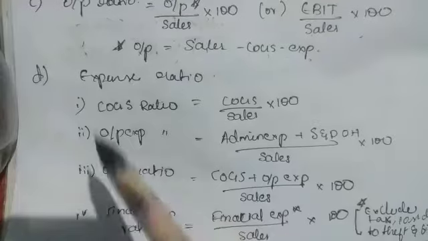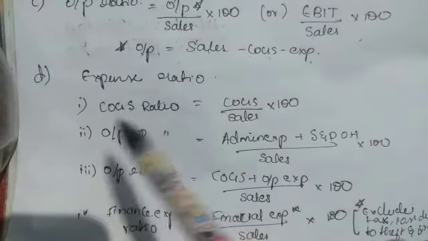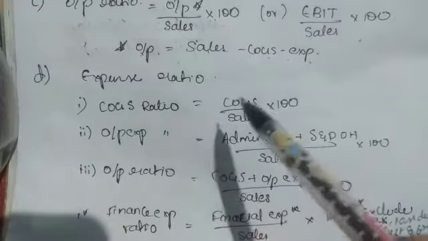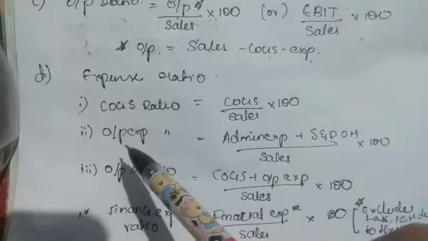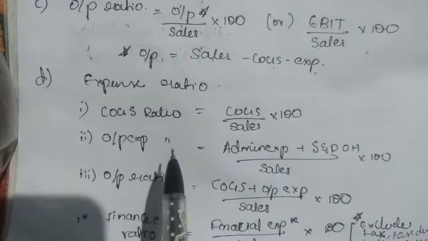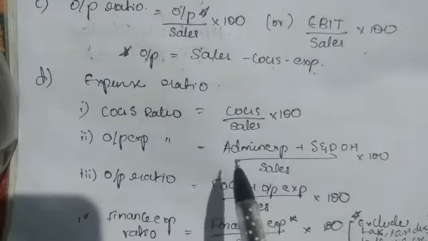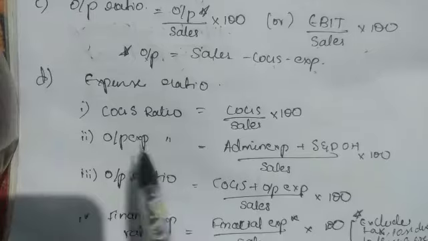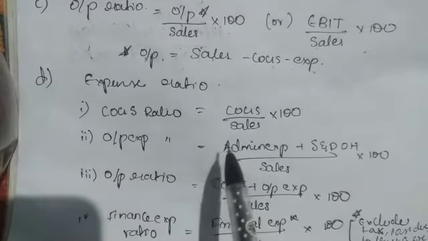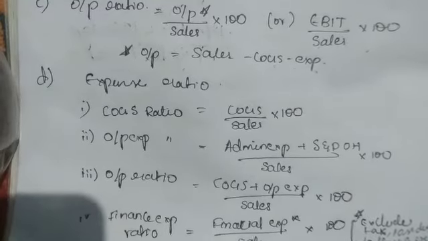The next set of ratios is for the expense ratio. COGS ratio, cost of goods sold ratio, COGS divided by sales into 100. Operating expense ratio, admin expense, selling and distribution expense divided by sales into 100, because operating will be only the admin and selling and distribution overheads.